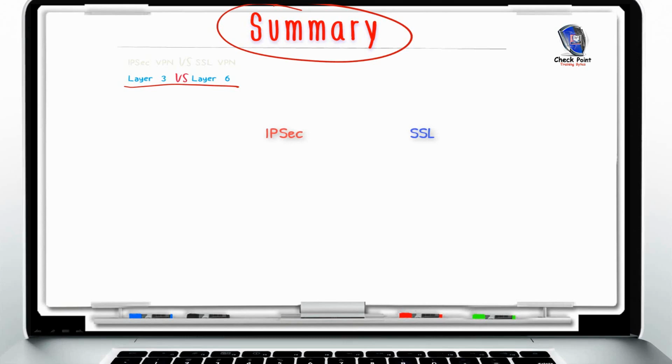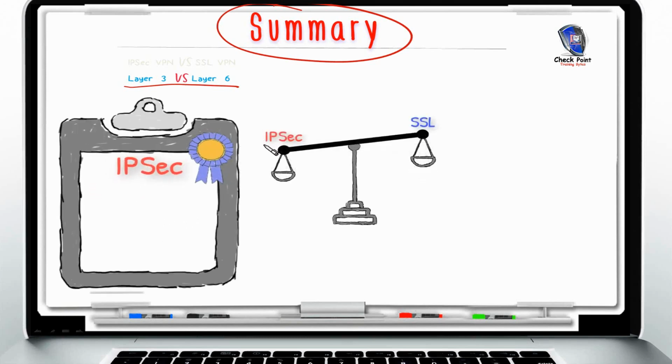Here is where we really started to break apart and dissect each VPN solution into their primary differences. The first being that IPsec VPN works at Layer 3 of the OSI model, which means that it can encrypt and tunnel even higher layer protocols, starting from the network layer and any protocols that reside there all the way up to the application layer.